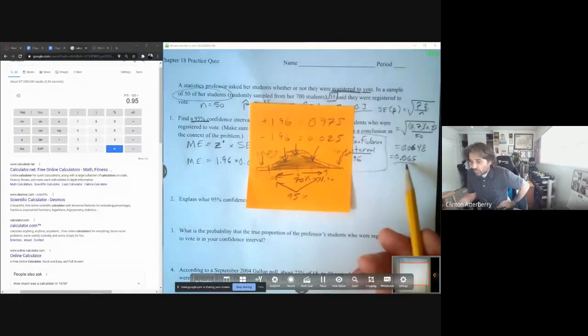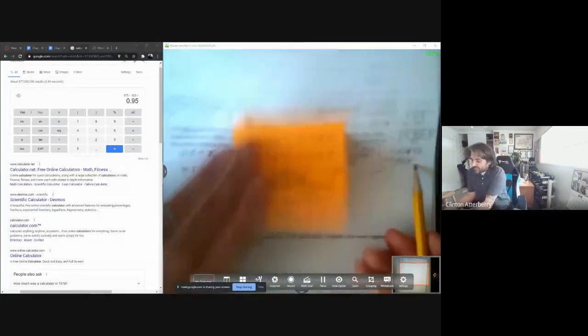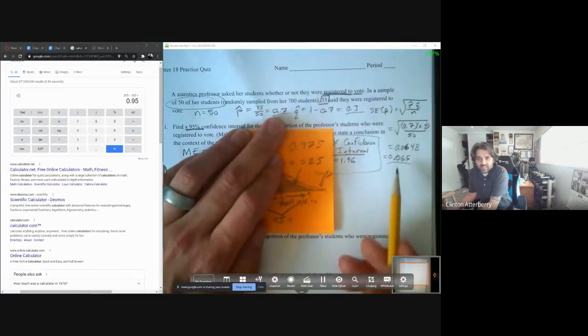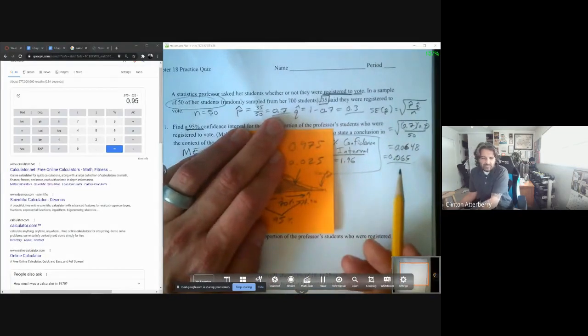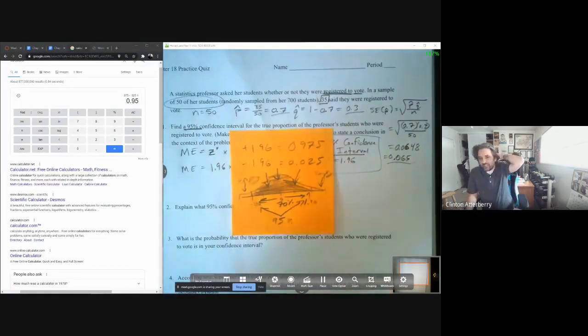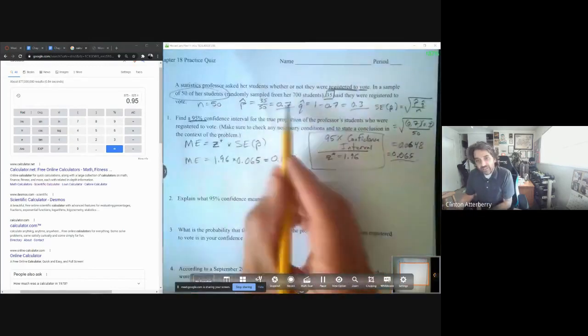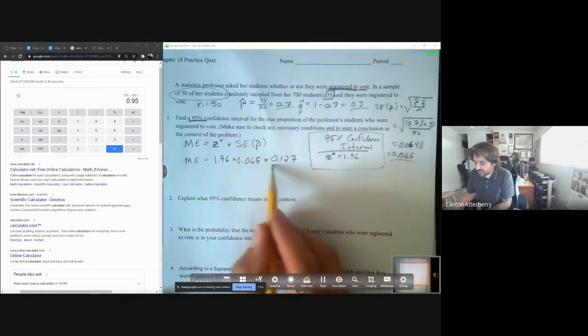And instead of going out once, like if I take the 70% plus 1 standard error, that's like saying 76%, maybe 63%, somewhere in that range. But if you go out to a 1.96 Z-score plus and minus, we're actually going to be doing 70% plus or minus this number now.